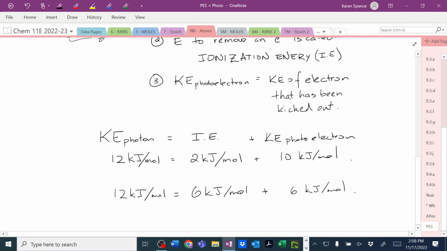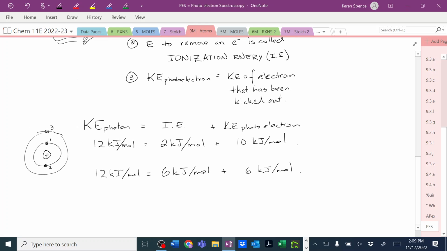If I was to draw, let's say we're looking again at our lithium atom. There's my nucleus. Let's call these electron 1, 2, and 3.